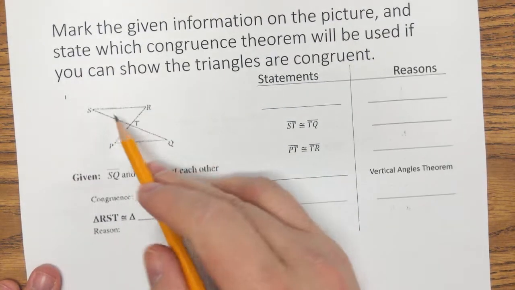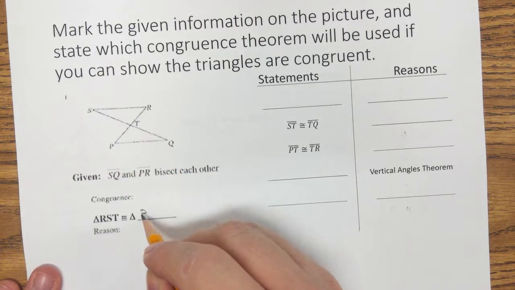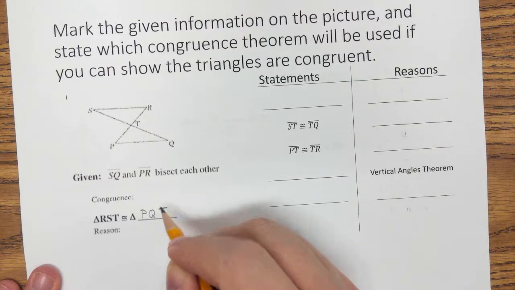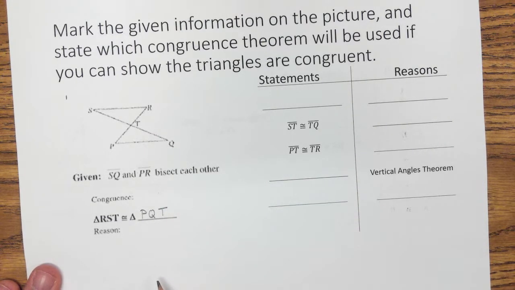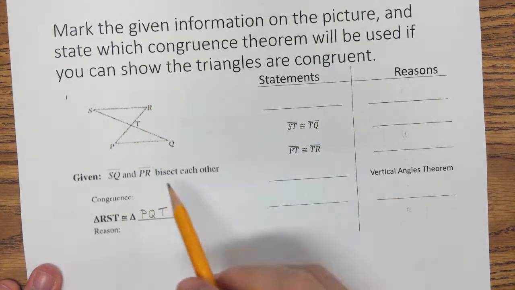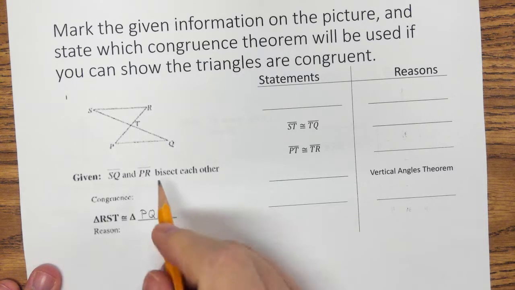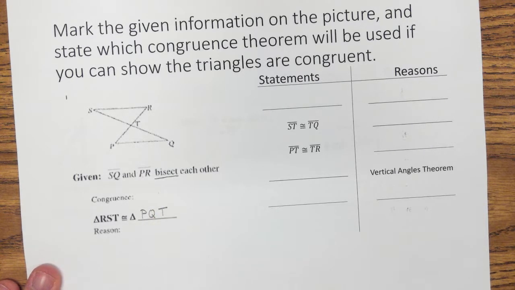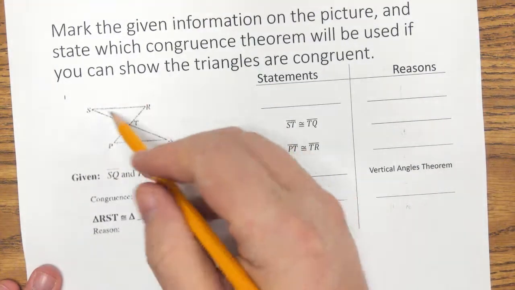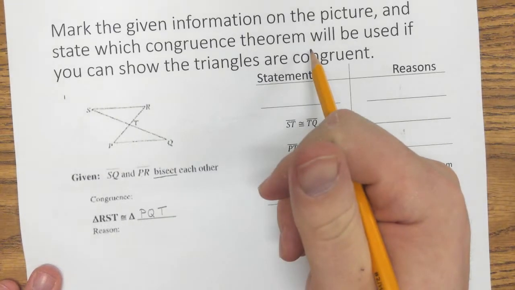Okay, triangle RST, and triangle PQT. SQ and PR bisect each other. What does that mean? What's this word bisect mean? Bisect means that they both cut each other exactly in half, right?